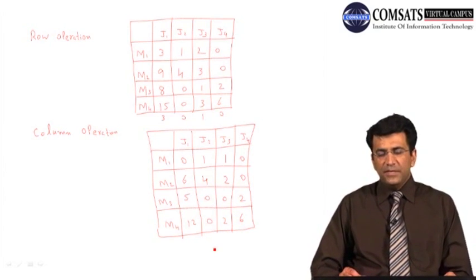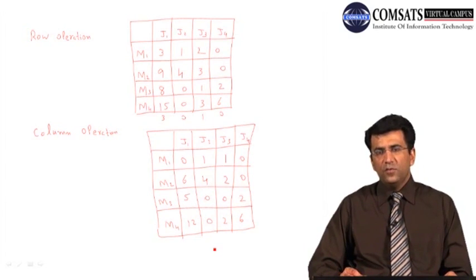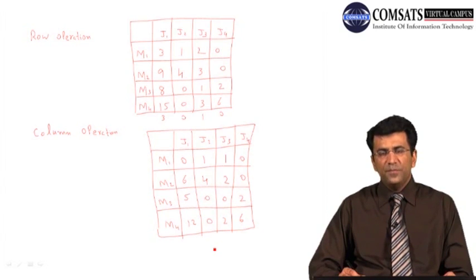So class, this is the matrix we got after applying the row operation and the column operation. And because we are interested in maximization of profit, we have just changed the first step: we find the maximum number from the available matrix, and then subtract all the values of the matrix from this maximum number.